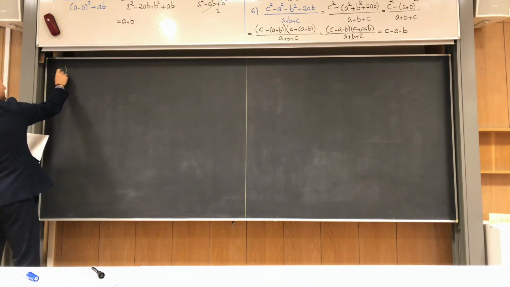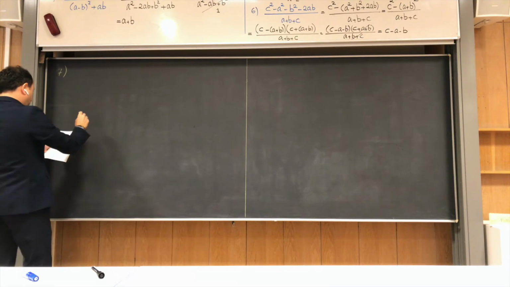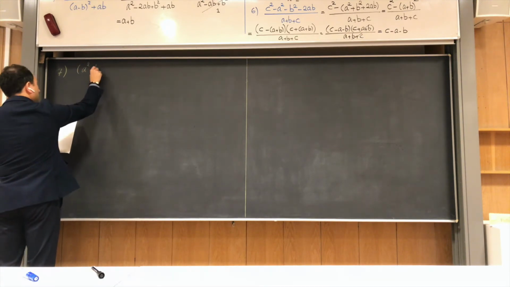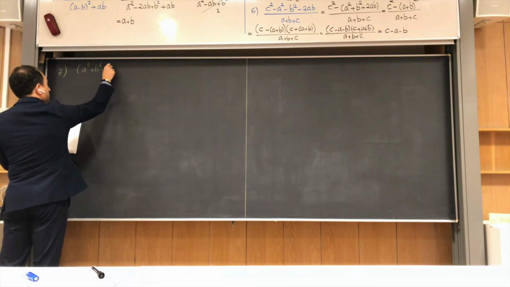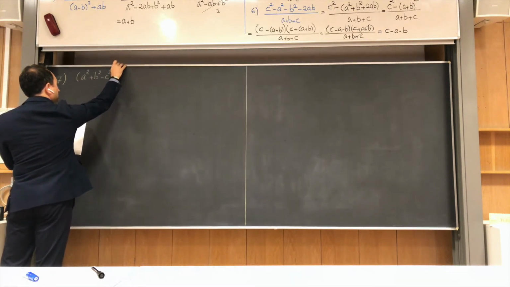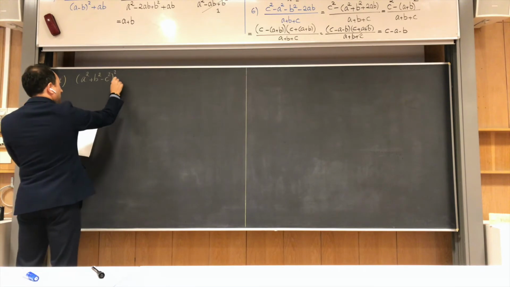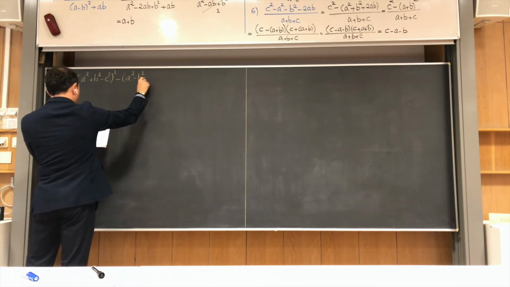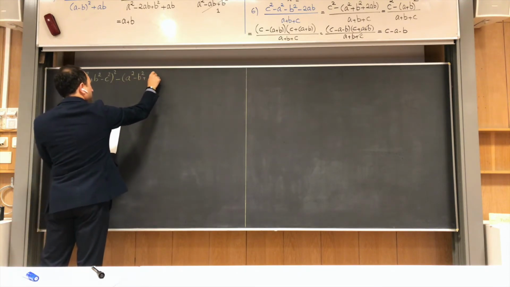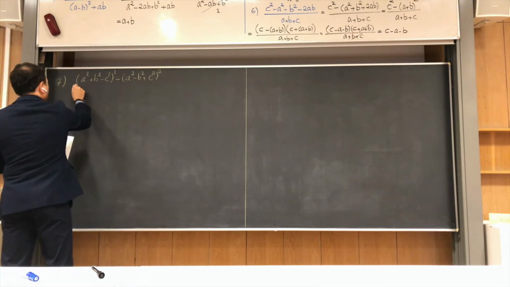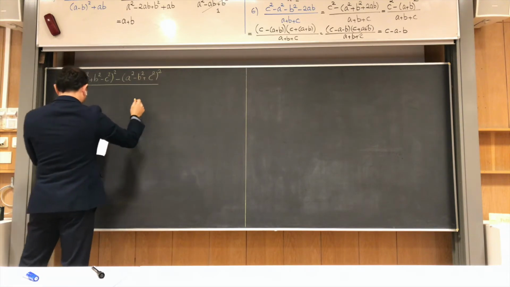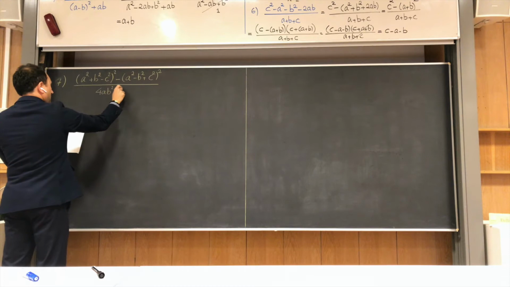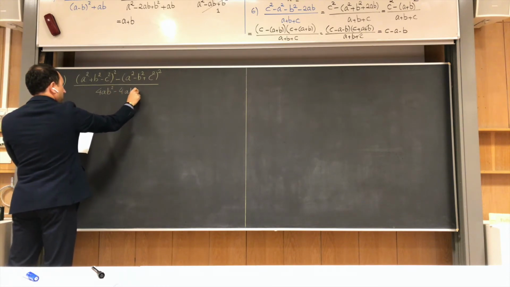I'm supposed to simplify this expression: a squared plus b squared minus c squared to power 2, and then minus a squared minus b squared plus c squared to power 2. Then this is divided by 4ab squared minus 4abc.